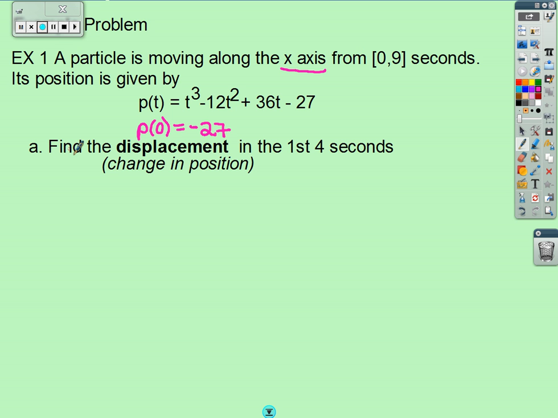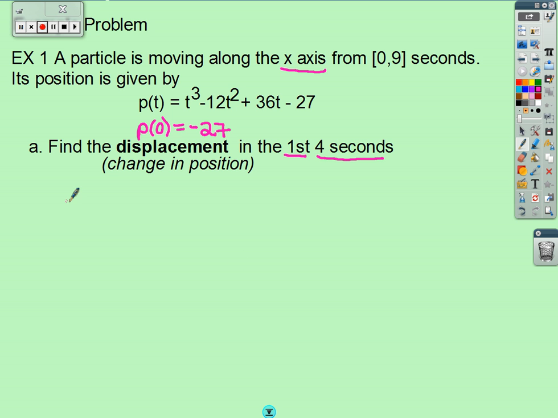Here's the first question. Find the displacement. Displacement is change in position, and it's asking me for the displacement in the first 4 seconds.